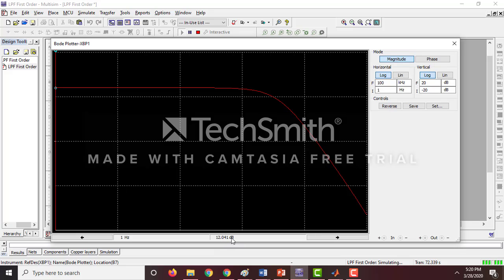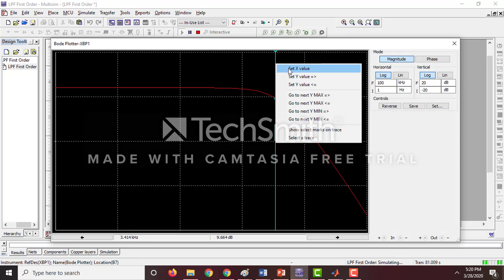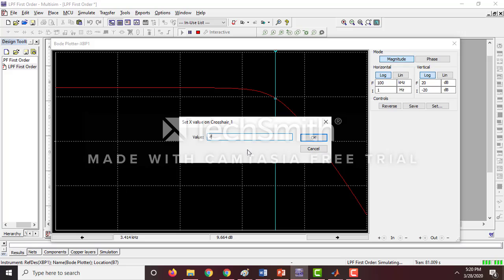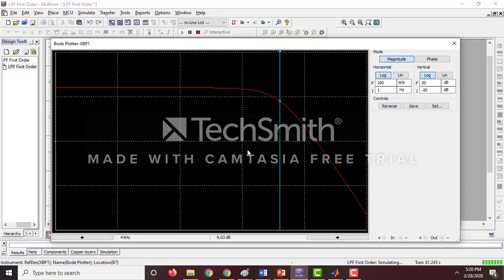So 12 minus 3, how much is that? 9, correct? So we will go to a point where it is 9, or you can right click here, set x value, I'll give 4000 because we designed it for 4000, correct? So here you see at 4 kilohertz the value is 9. At maximum the gain was 12 dB, so 12 minus 3, 9 dB.